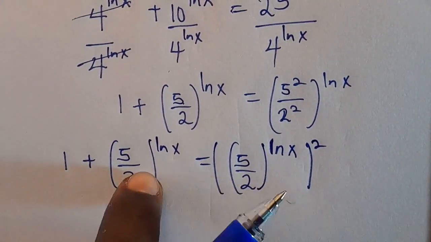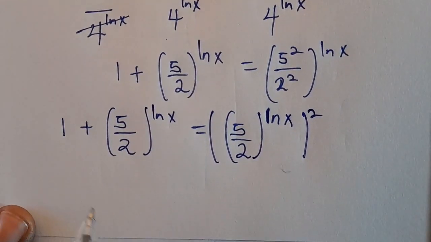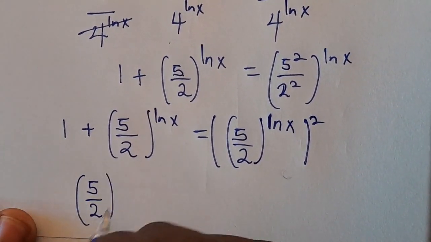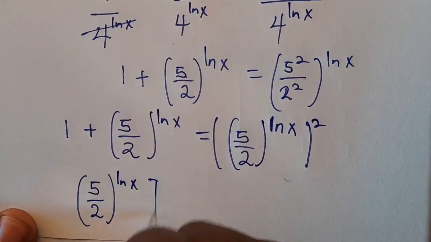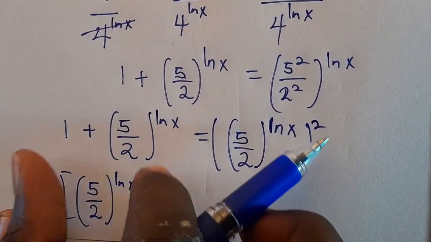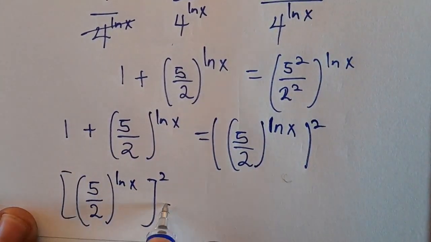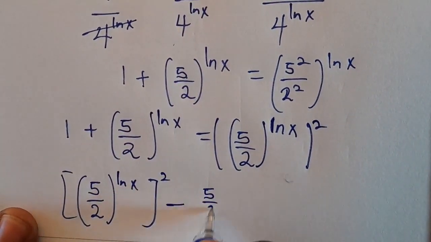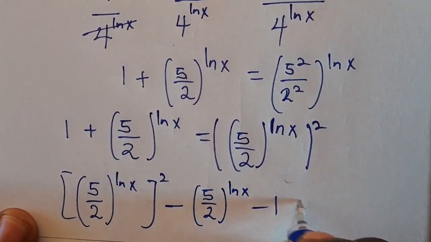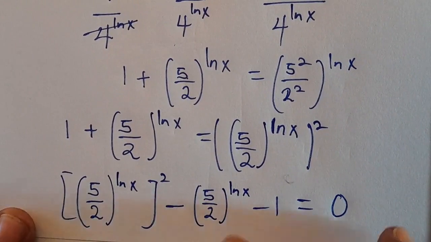Now by arranging this expression, we have here to be (5/2)^(ln x), again to the power of 2. Then when we take the whole of this here, we have it to be minus (5/2)^(ln x) minus 1 equals 0.